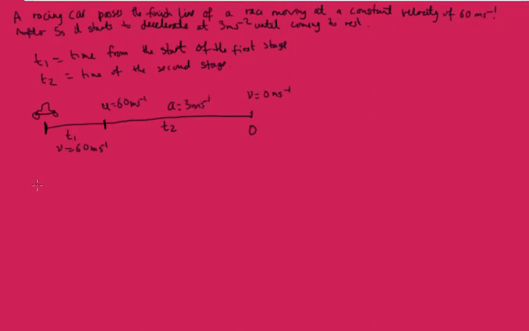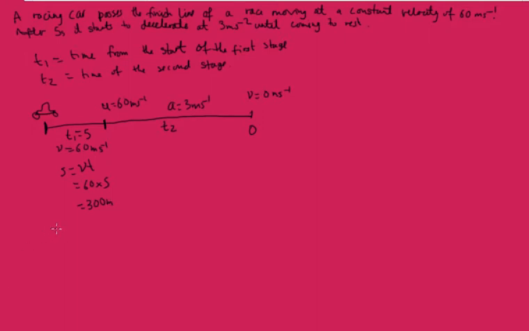So we can work out, and this is 5 seconds, the distance here. We can work out S equals VT. So that's going to be 60 times 5, which is 300 metres.